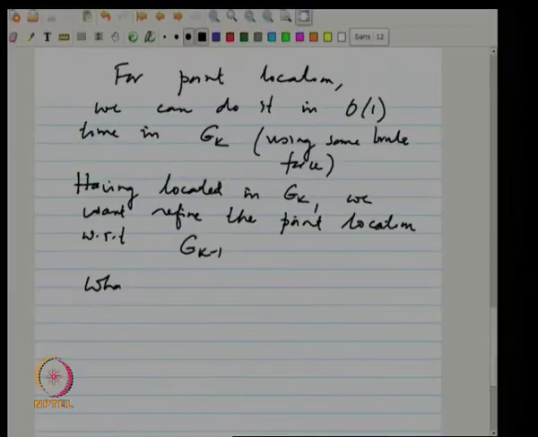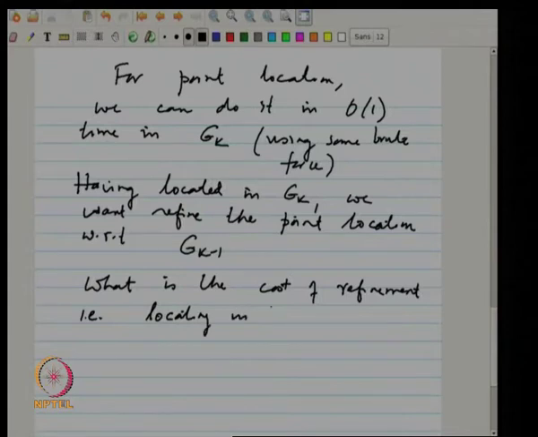So, what is the cost of refinement? The cost of locating in G i minus 1 given the location in G i.